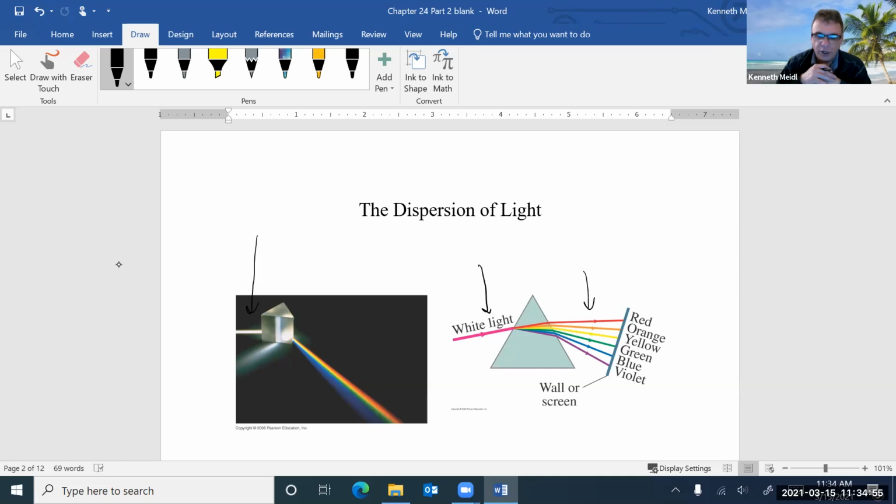This is called the dispersion of light, and this is a problem for telescopes that use pieces of glass. Those are called refractors. Light hits the lens, refracts, and we're using Snell's law to refract the light to a different focal point and create images, different magnifications and so forth.